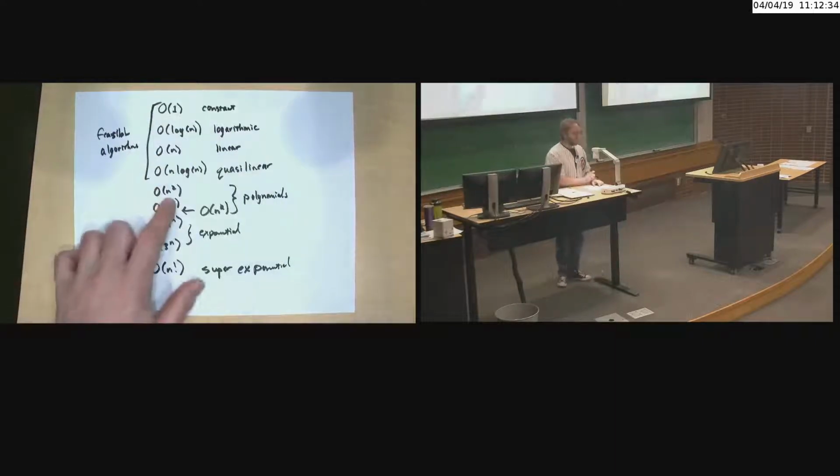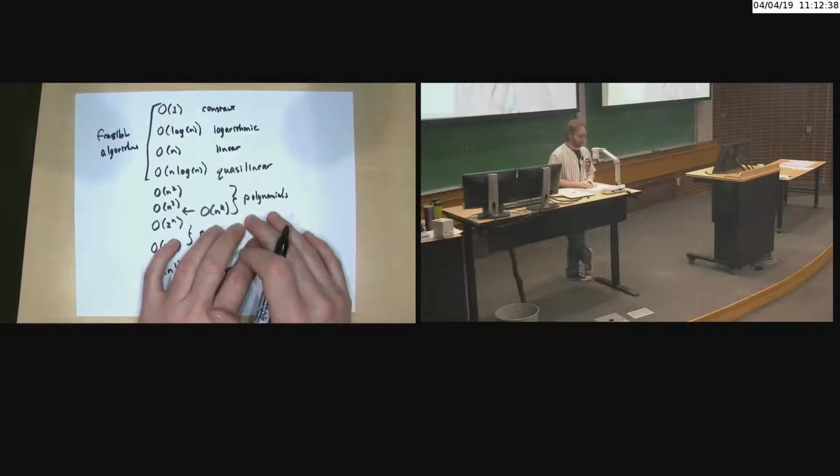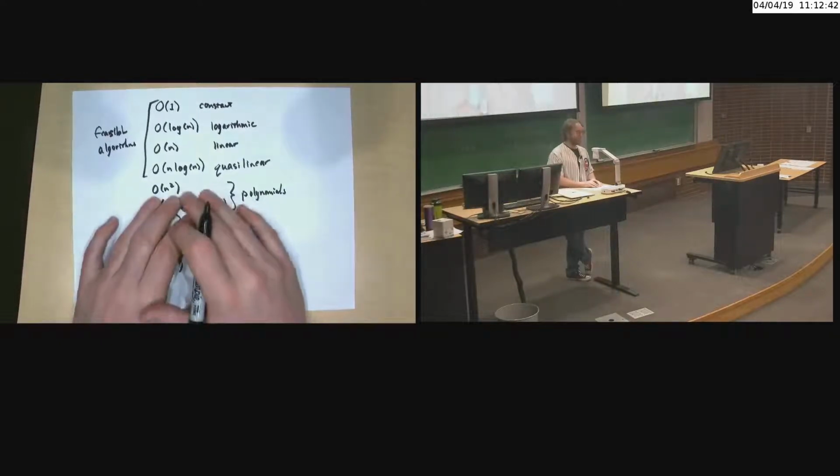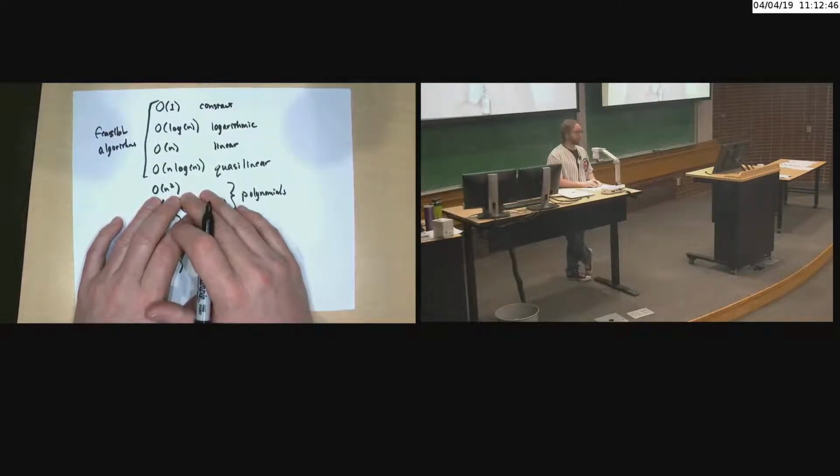Even if order n squared, you know, theoreticians love polynomials because they're all less than exponential. But even a polynomial like n squared in practice is not acceptable, as we already seen. If I've got an order n squared sorting algorithm and I want to sort a billion elements, nope, it's taking several hours at least to do that.